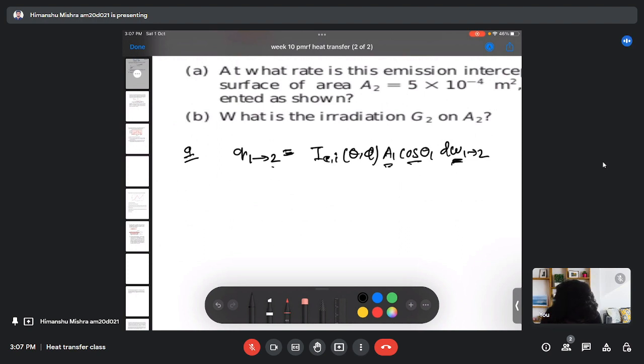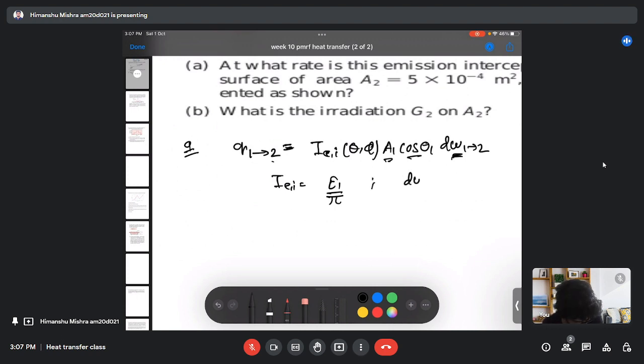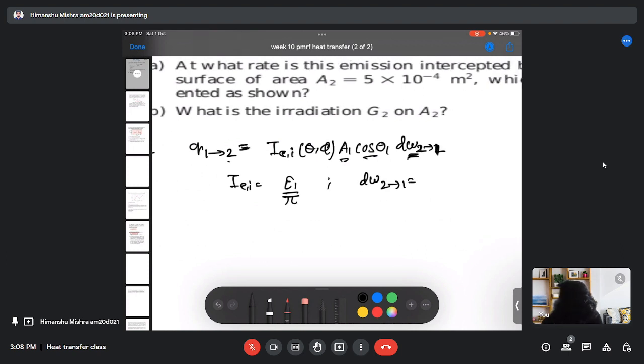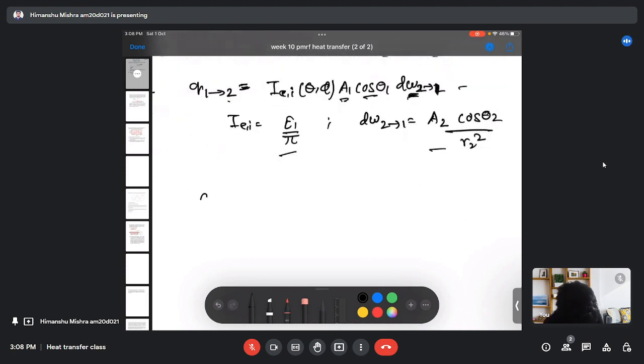I can find my intensity as the emissive power divided by pi. We know this formula, and the solid angle can be given as, sorry, it is 2. So I can put the expressions of intensity and solid angle into the above equation.